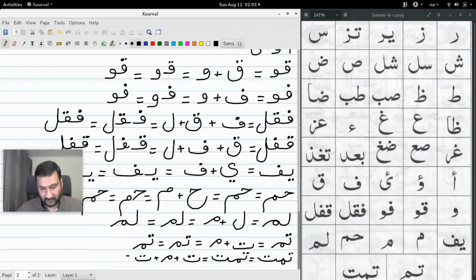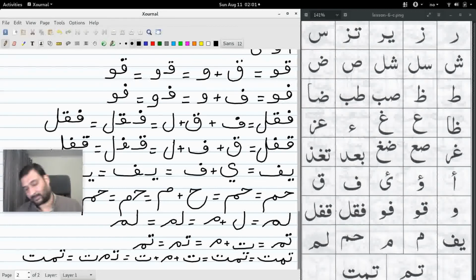So you can write it as ta, which is the first letter in the word, so it takes this form, ta. Mim joins it like so in the middle, and then ta joins it like so at the end and takes its full form. So in continuity you write it like ta mim ta.